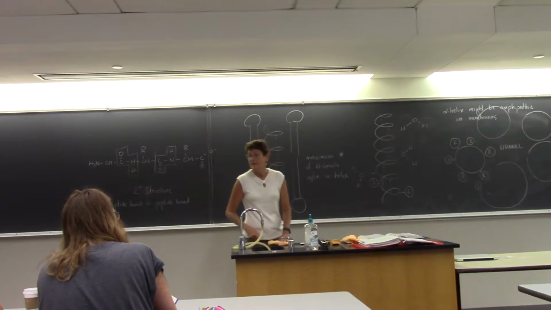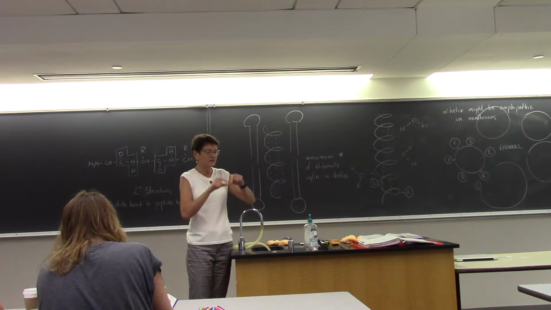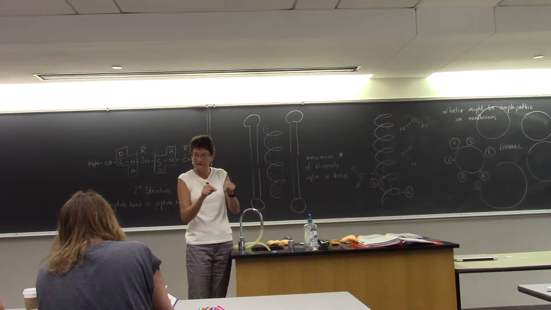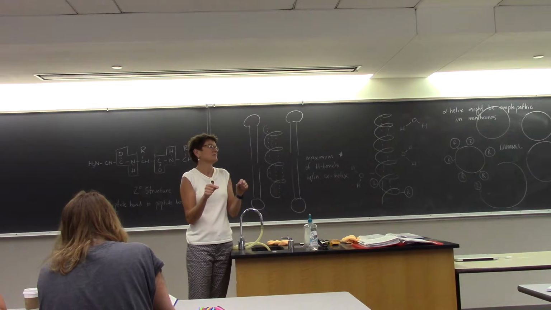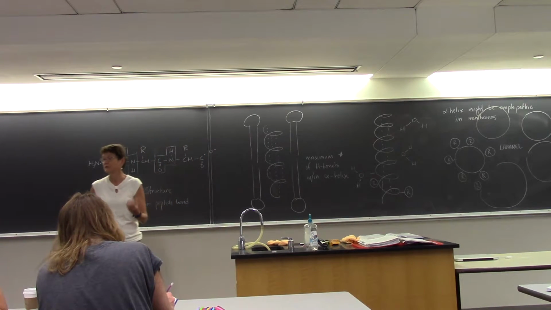Okay? The reason for the multiple passes is those alpha helices will arrange themselves into a channel structure or into a structure that can accommodate whatever is being transported.